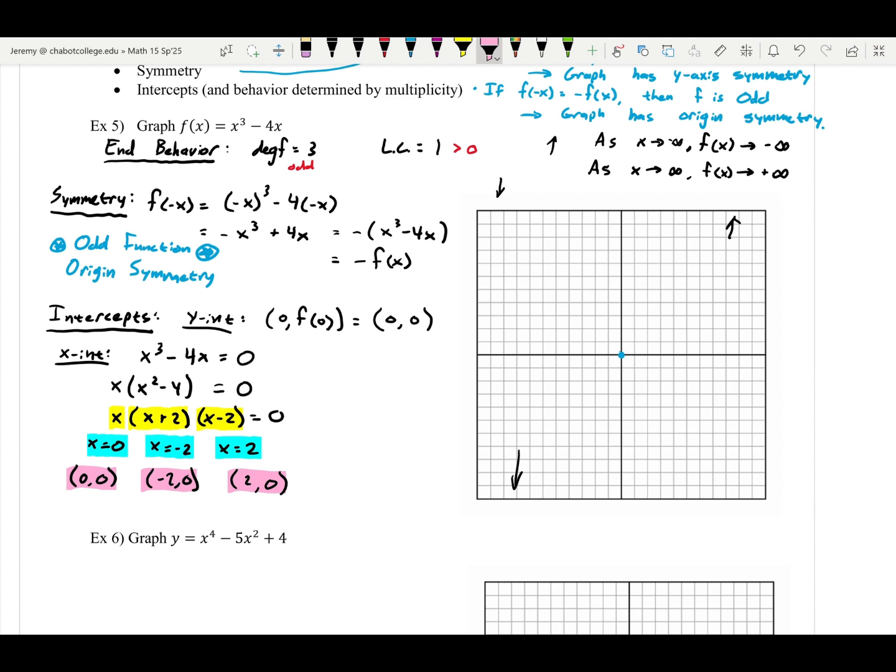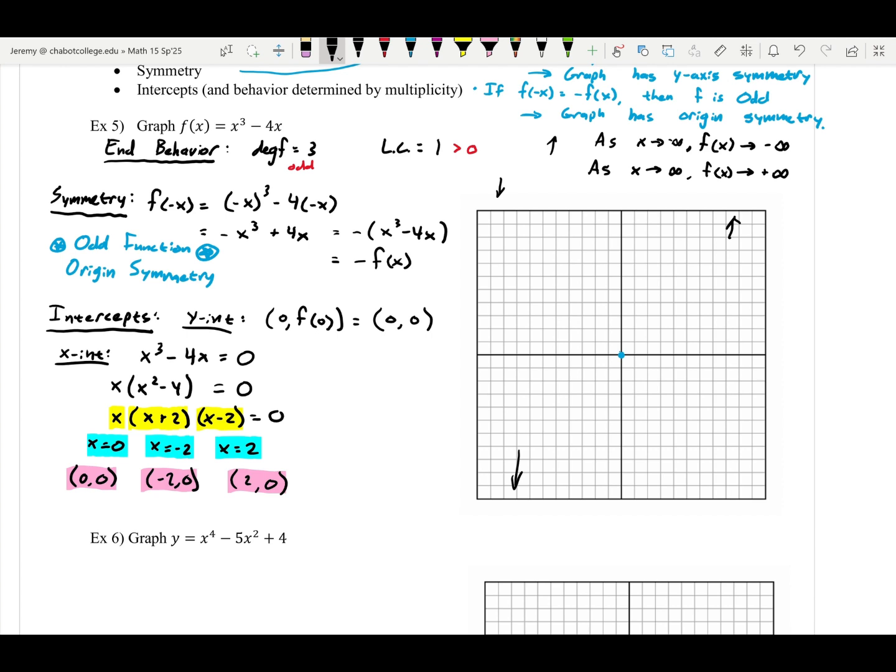Really important to understand and highlight the connection between the factors, the zeros, and the intercepts. This is like a big, kind of critical, important thing that we learn in pre-calculus. Important kind of concept relating to functions and graphs.